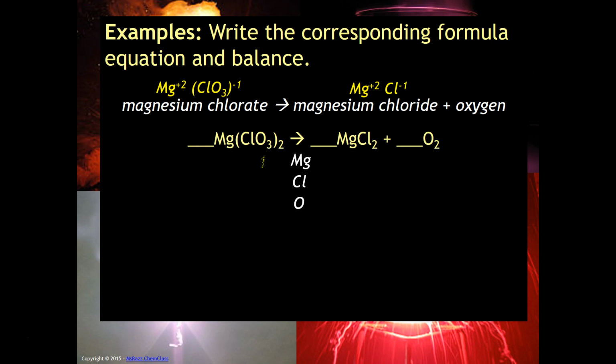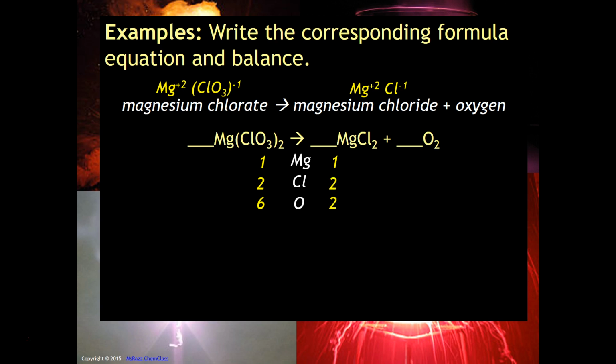Then we'll count up all the substances that we have, each atom type. So on the left-hand side, we've got 1 magnesium. Be careful with this. So notice this 2 goes to both the oxygen and the chlorine. So there's actually 2 chlorine atoms, and there's a total of 6 oxygen atoms. On the right-hand side, there's 1 magnesium, 2 chlorine, and 2 oxygen.